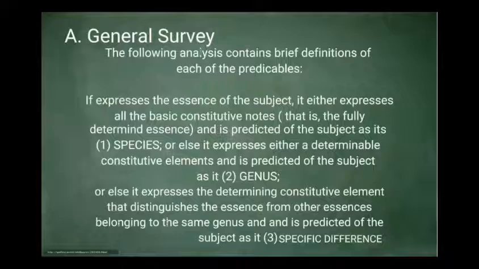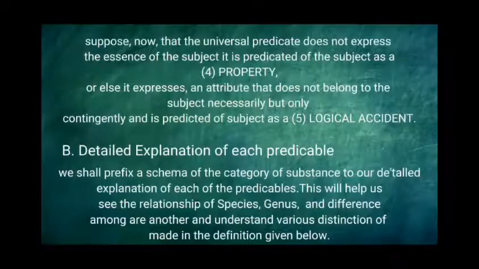Number three, or else it expresses the determining constitutive element that distinguishes the essence from other essences belonging to the same genus and is predicated of the subject as its specific difference. Number four, suppose now that the universal predicate does not express the essence of the subject, it is predicated of the subject as a property.